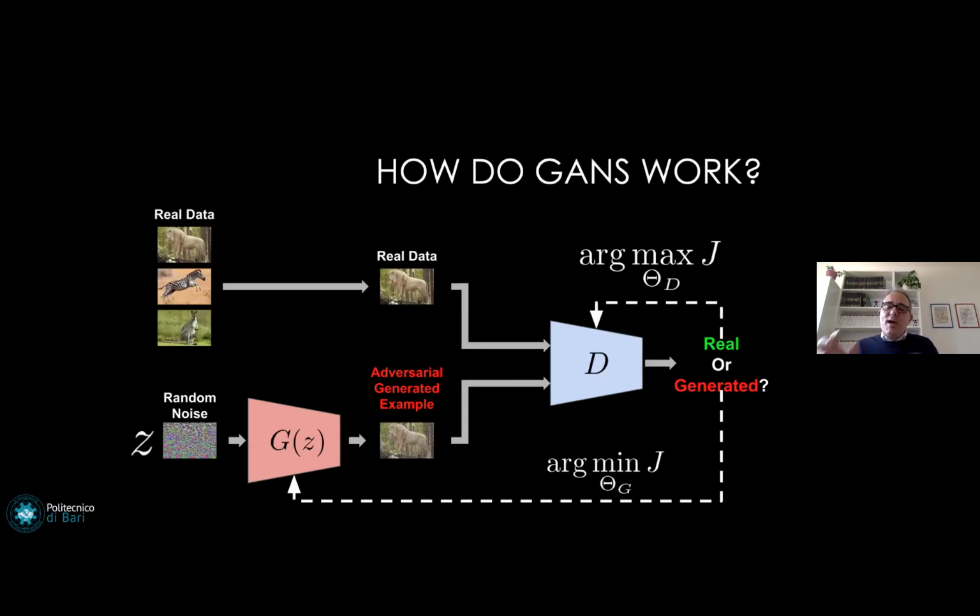And at the end, we have this game again, where there is someone trying to minimize the loss and someone else trying to maximize the loss. Here we have the original formulation of the problem, where J is the negative generative log likelihood for the network.